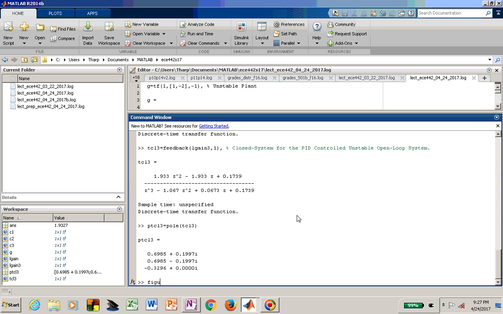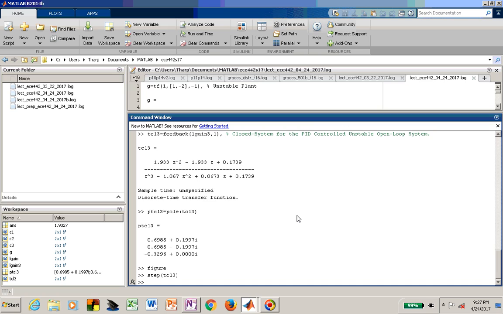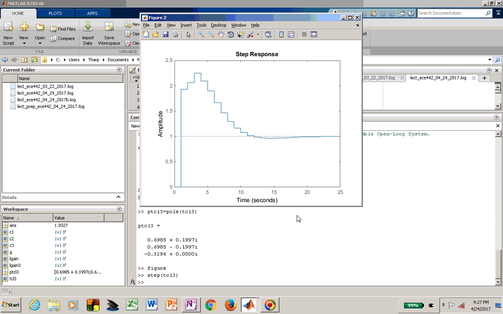And if we wanted to, we could now plot the step response of that closed loop system, which is consistent with what we were seeing in the rltool function or design tool that we were using before.